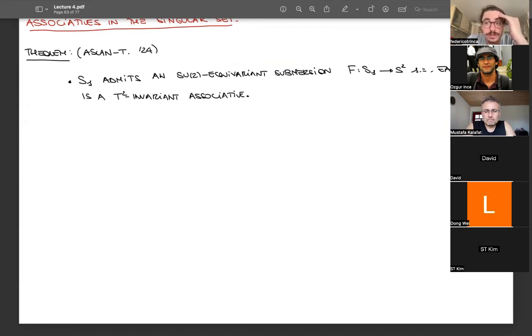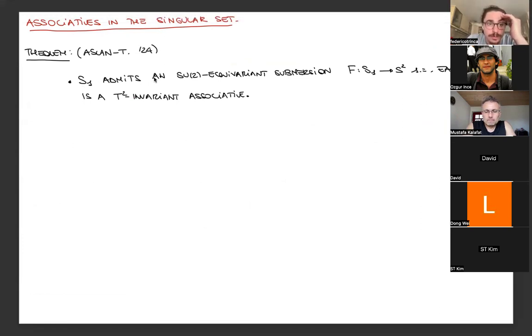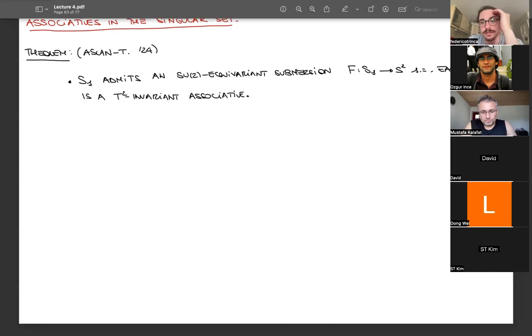So in the first stratum, we have S1, and S1 admits an SU2-equivariant submersion from my singular stratum into S2, and S2 is just the unit sphere, the two-dimensional sphere. And the fiber of such a submersion is a T2-invariant associative.